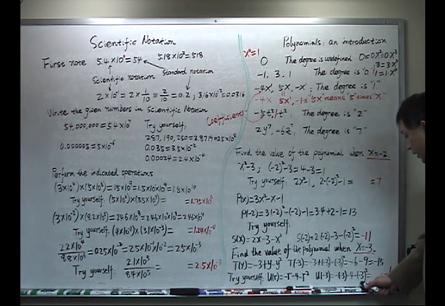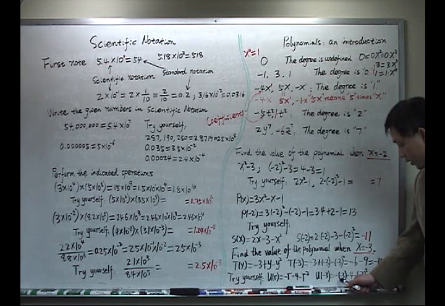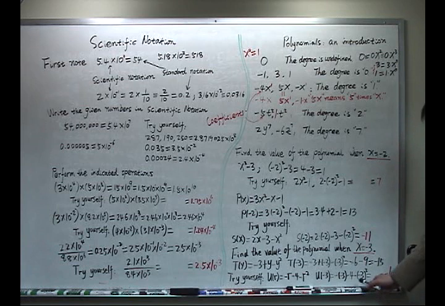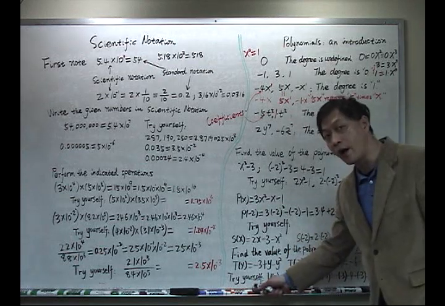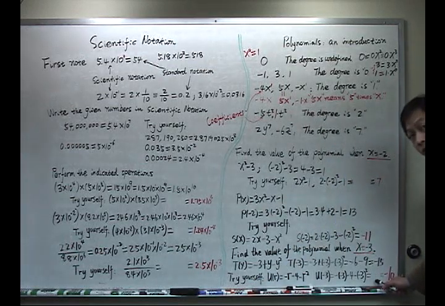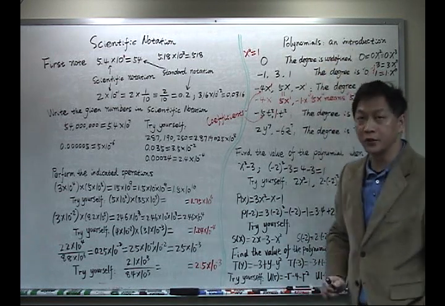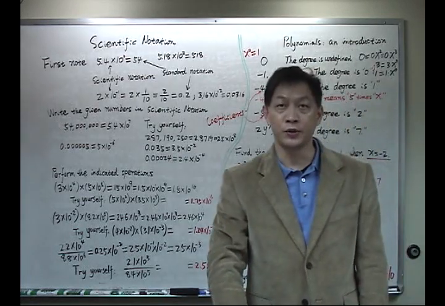So positive 9 minus 9, and here negative negative 3 is positive 3. Positive 3 minus 4 is negative 1. Negative 1 minus 9, you have negative 10. So try it yourself. Put the details right here. So that's the end of the introduction for polynomials. And then I'll see you next time.